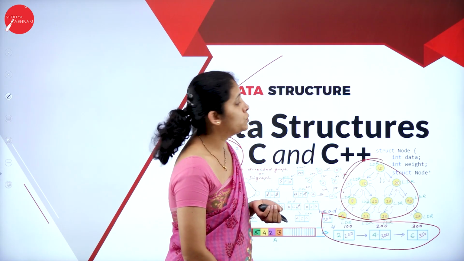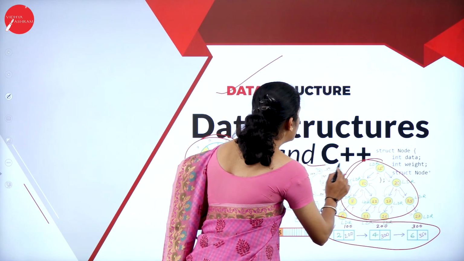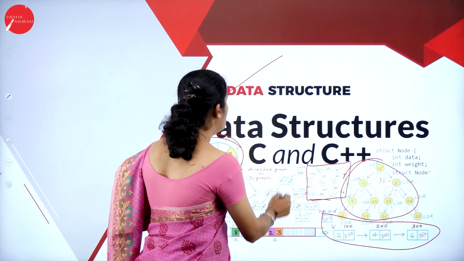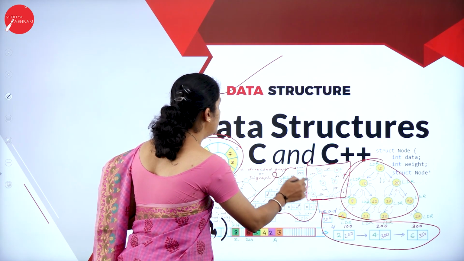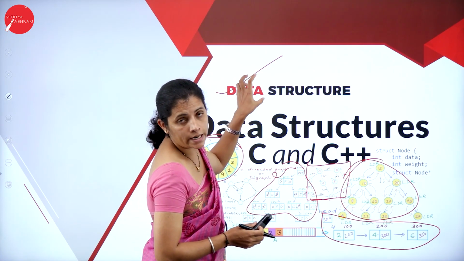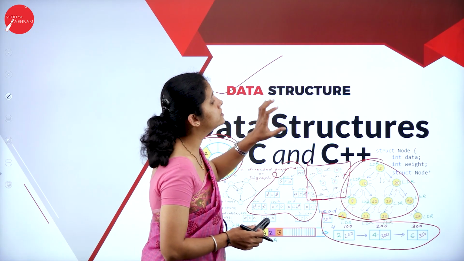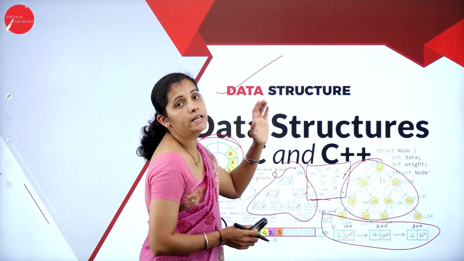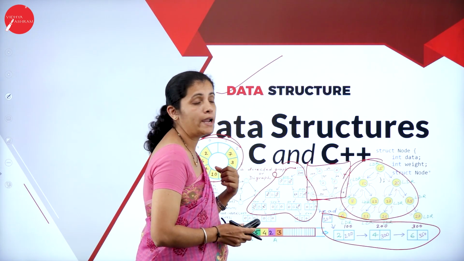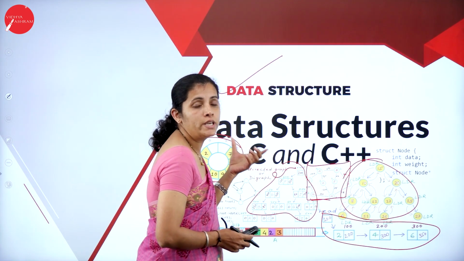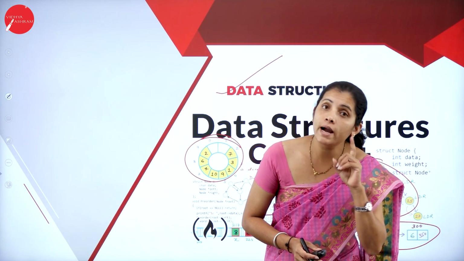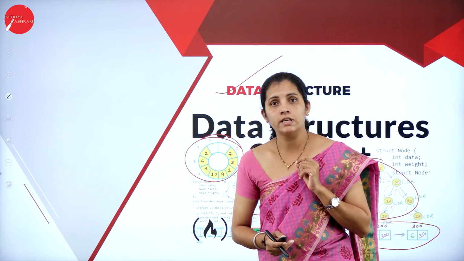Then the shortest path, that is once again graph. Then searching and sorting, etc. So data structure is the complete study of how data are organized and managed. Data structure is also a domain of computer science.